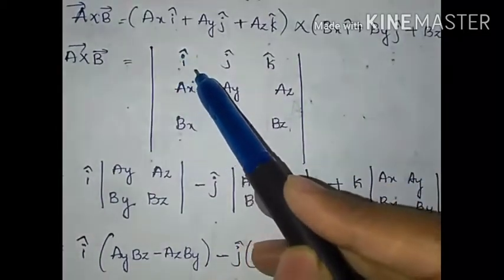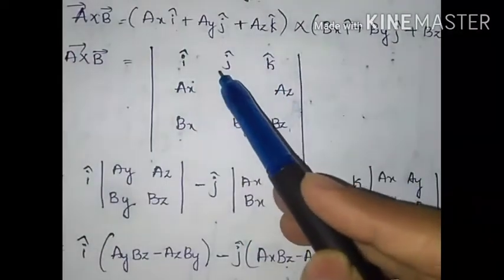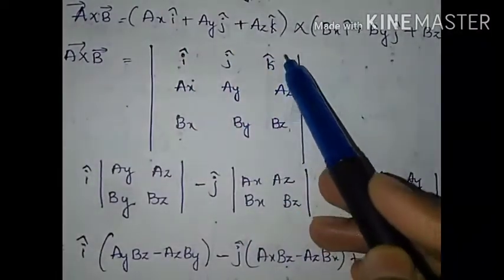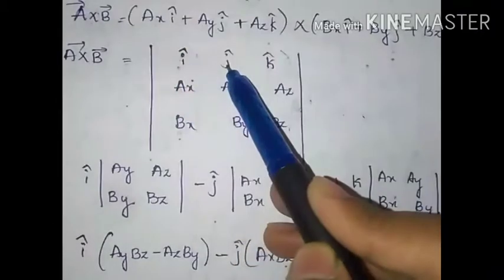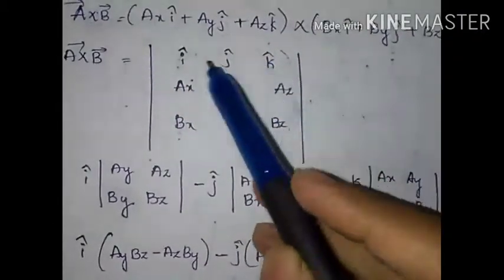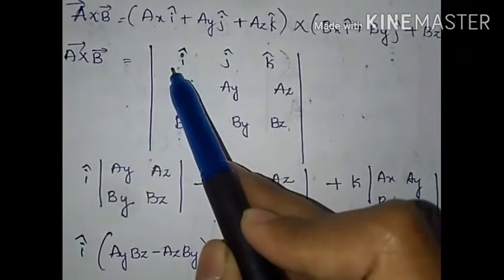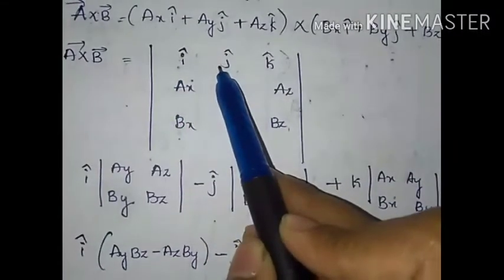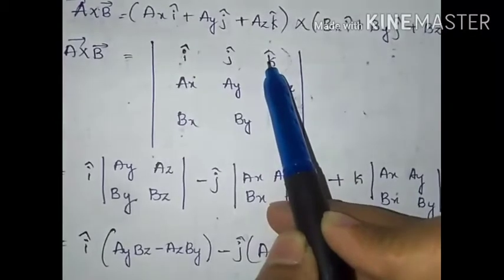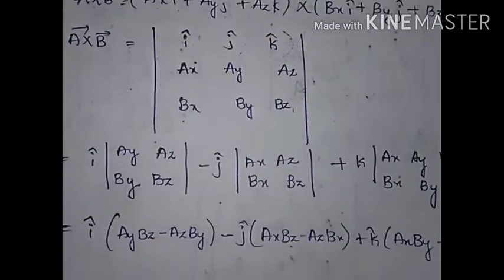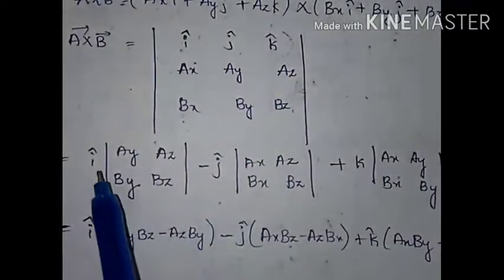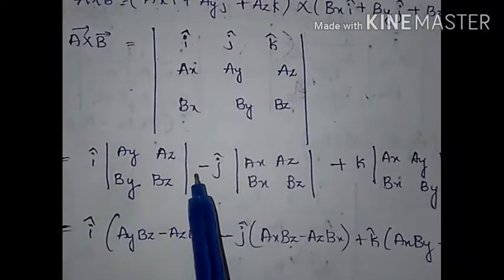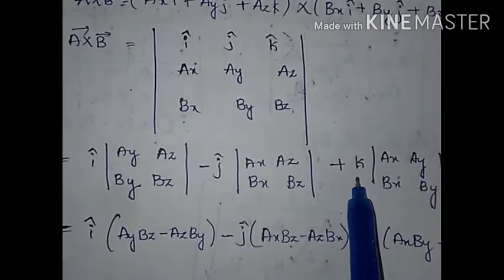First you write for i, then minus j, then for k. So you start with plus i, minus j, plus k. If you start with minus i, then it will be plus j and minus k. Here we are taking plus i, minus j, plus k.